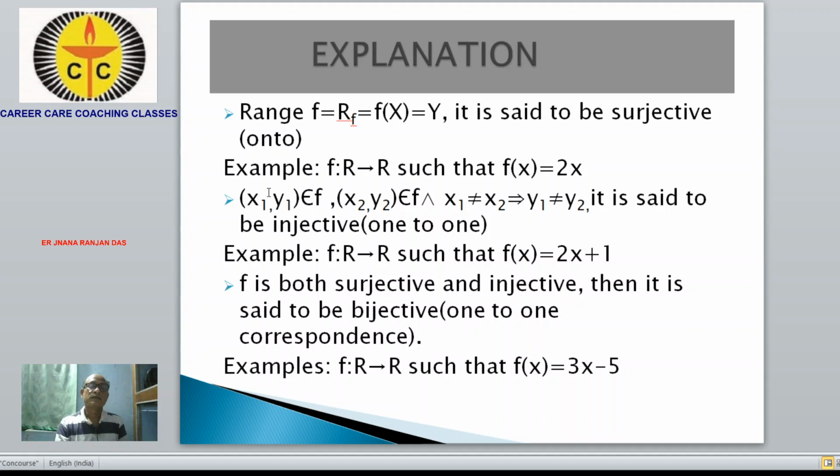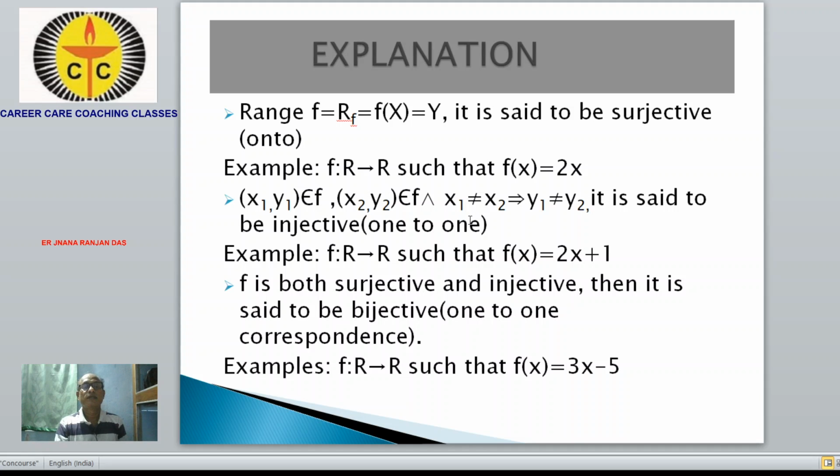Secondly, a function is injective or one-to-one if (x1, y1) belongs to f and (x2, y2) belongs to f, and x1 not equal to x2 implies that y1 is not equal to y2.